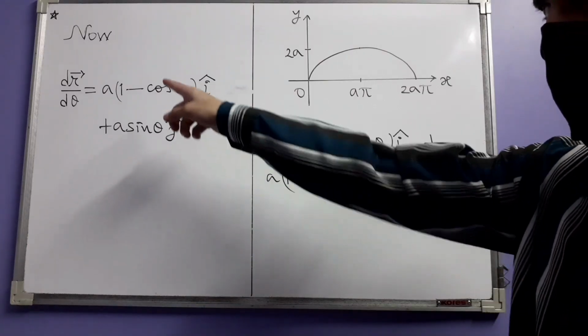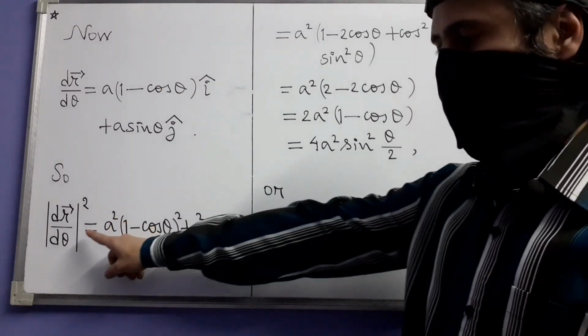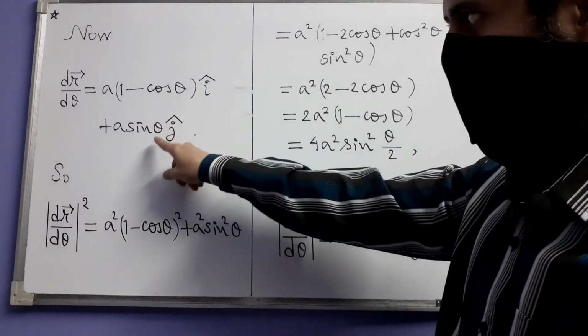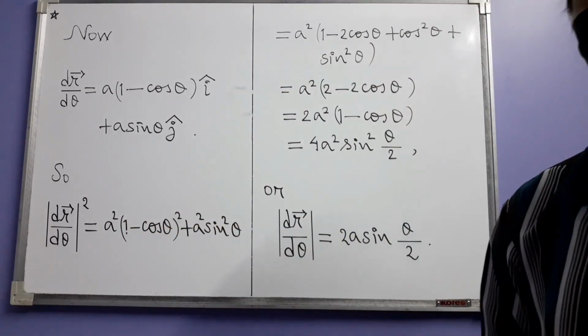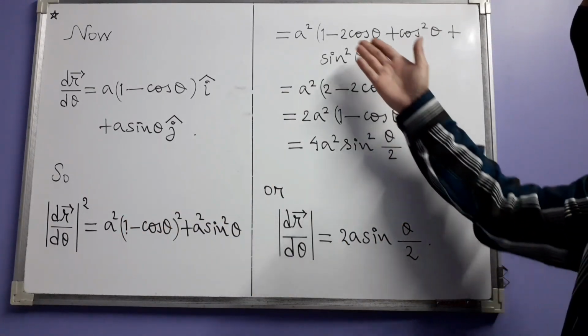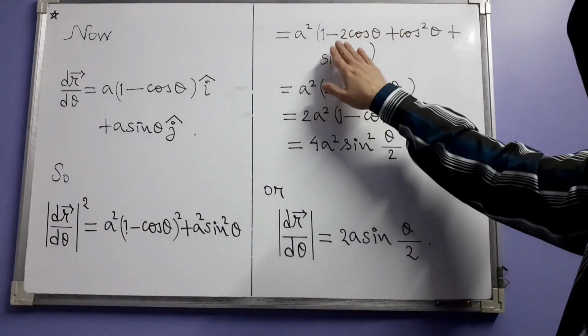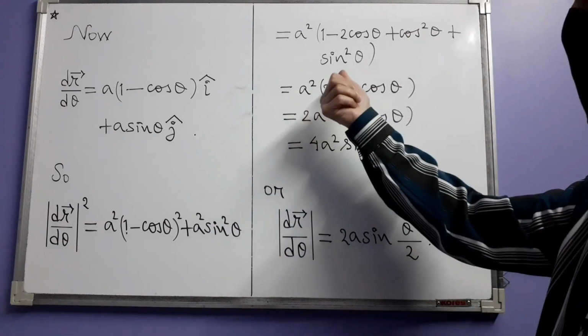And next we find its magnitude. So the square of the magnitude of this vector we already know is the sum of the squares of the components: a square times the square of 1 minus cos theta plus a square sin square theta, which if you take a square common out and expand that square, becomes 1 minus 2 cos theta plus cos square theta plus sin square theta.